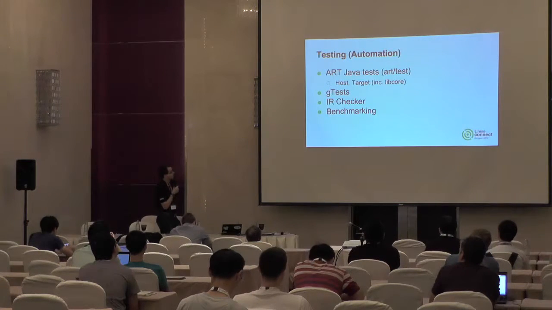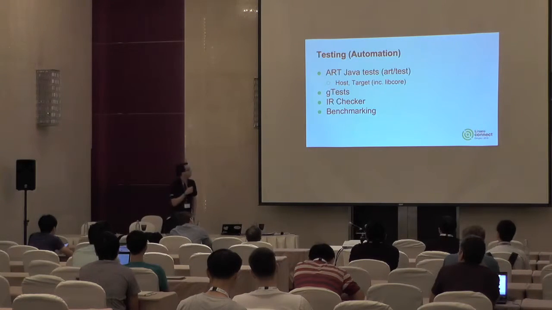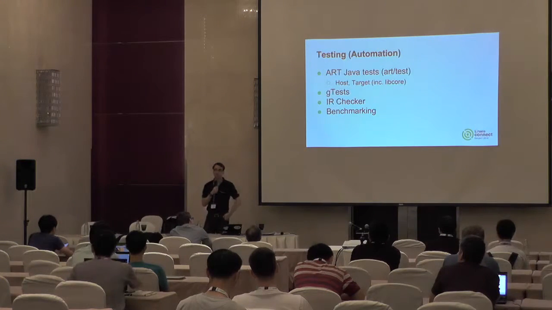G tests, which is Google tests, and IR checker tests, which I'll talk a bit more about soon. They check that IR has been transformed correctly, and benchmarking as well, because you want to test that you have indeed got a significant gain and hopefully not regressed any other benchmarks.